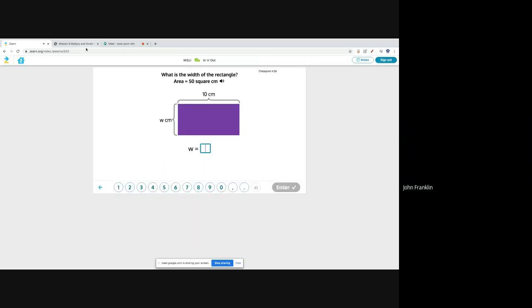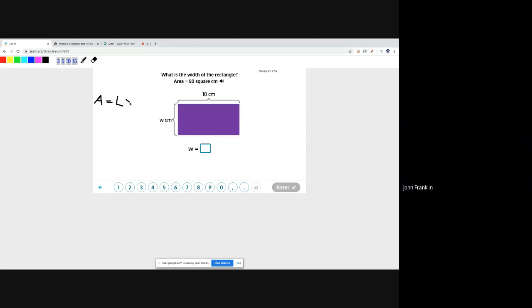Okay, so looking at this, how do we figure out area? They told us earlier that area equals length times width. So we already know two things.